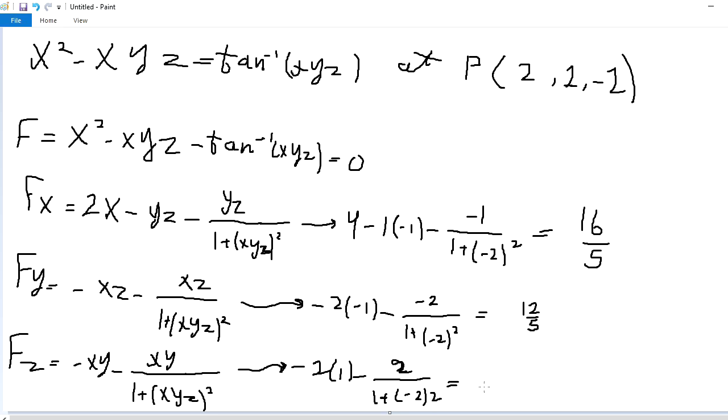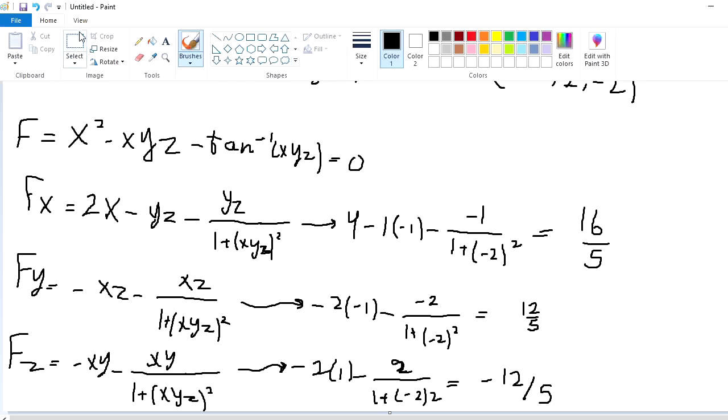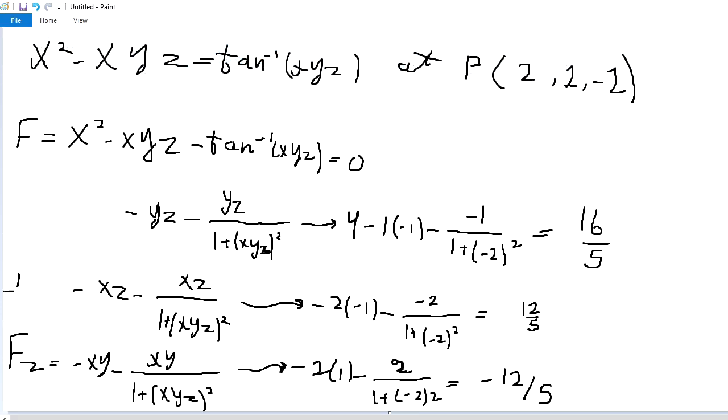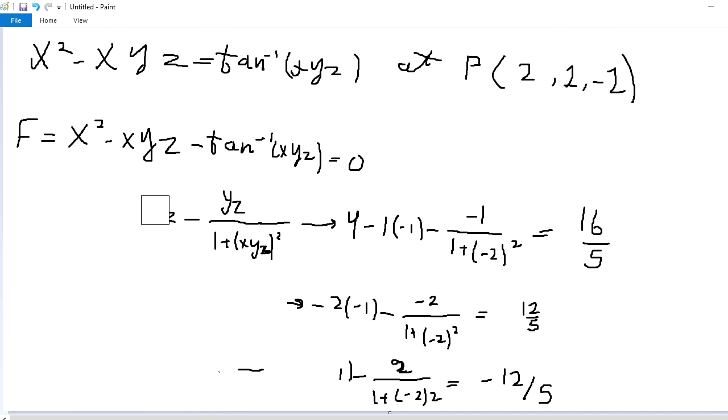And the answer here must be minus 12 divided by 5. Okay? So this is the final answer, or for the first step, you can say. So let me clear those that I won't need anymore.